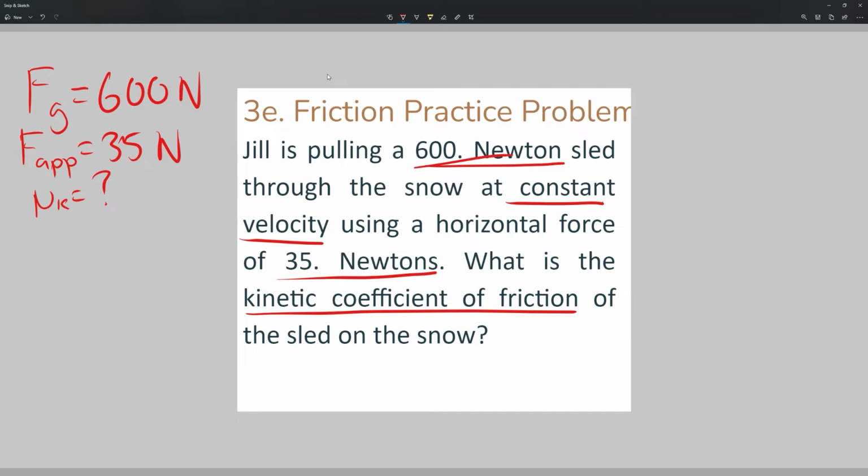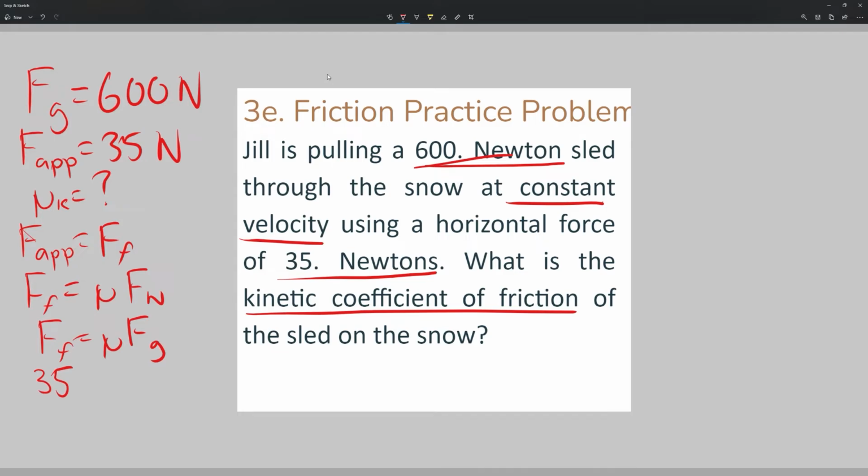You're going to set up your friction formula. You know that your applied force is equal to your force of friction. That's just something we know. I proved it, but if you don't remember the proof, that's fine, because the only thing you need to remember is that they equal each other. Same thing with your normal force: it is equal to your force due to gravity. So we replace that with that. Your force due to friction is 35 newtons, because it is equal to your applied force.